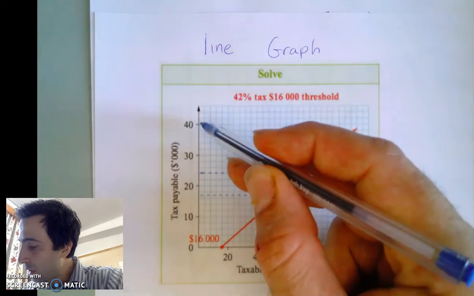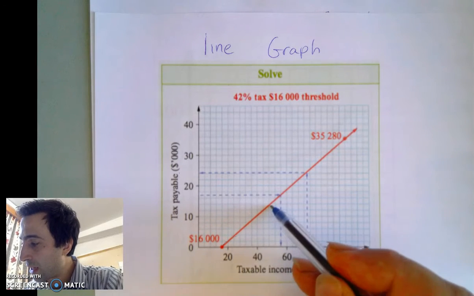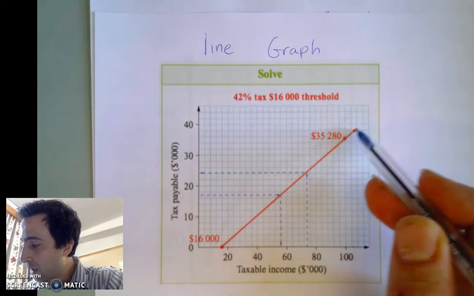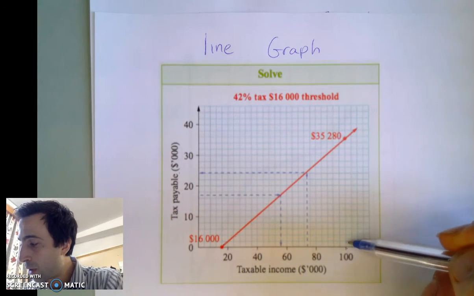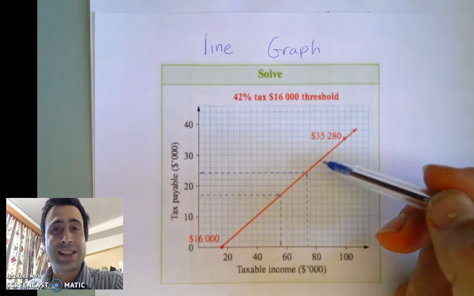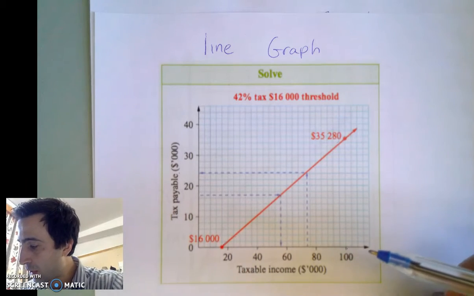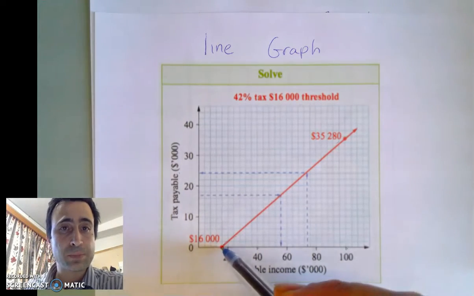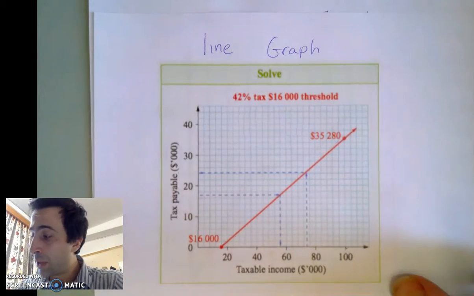It actually doesn't matter how much you earn. If you're up to $100,000, or down to $40,000, with a flat tax rate, or a straight line graph here, everyone pays the same percentage of tax after a certain point, in this case after $16,000.